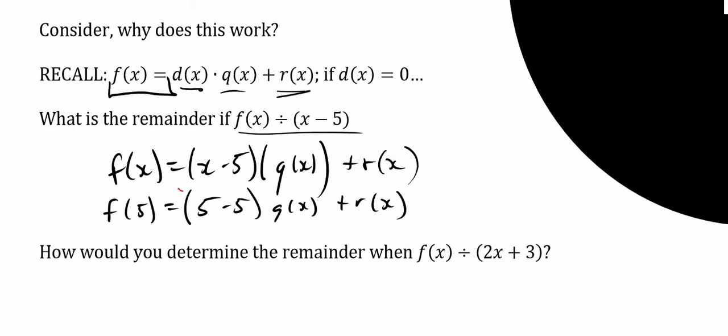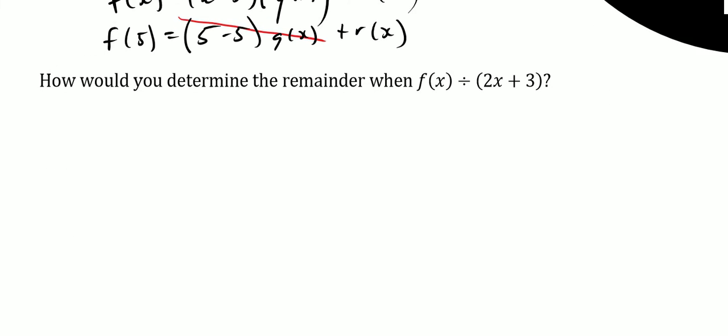Very nice. This is going to be 0 no matter what. Like, that's how we set it up. That's by definition. We picked the value that will make that 0. That makes that whole part go away, and we have to be left with r at x. So of course it makes sense. Of course that's going to work. Okay? Everybody okay with that?